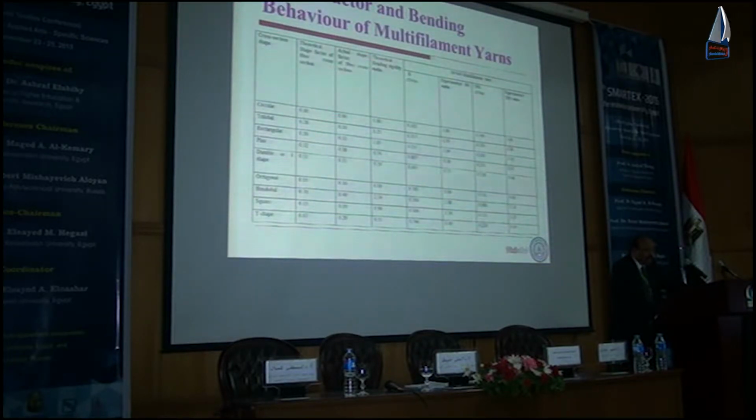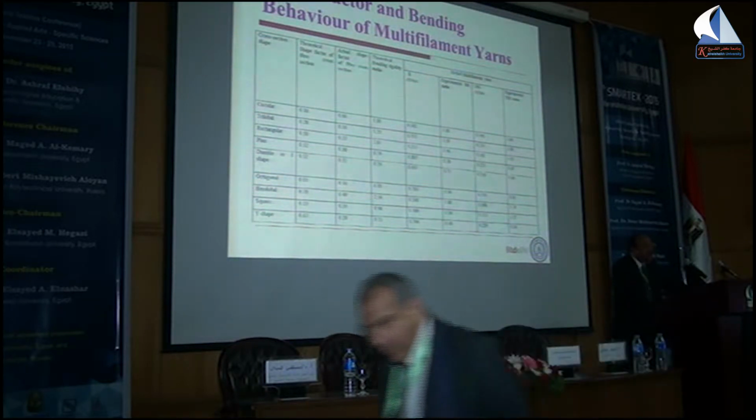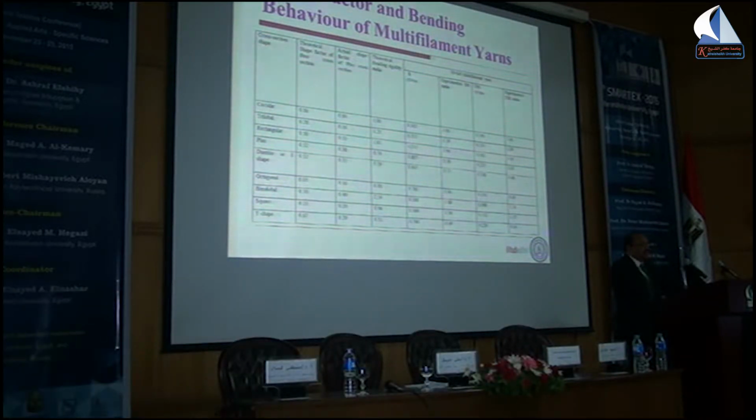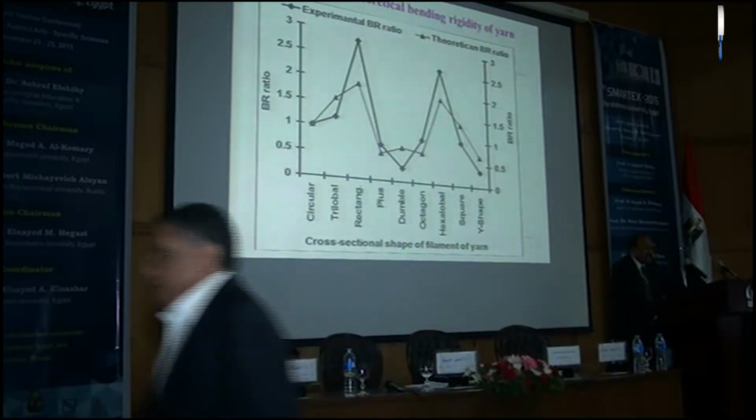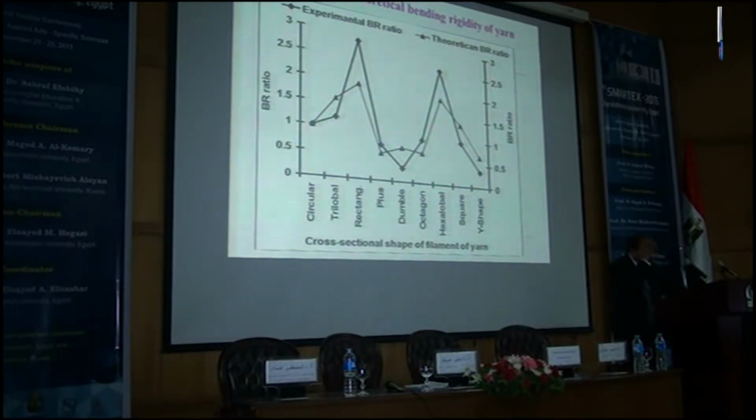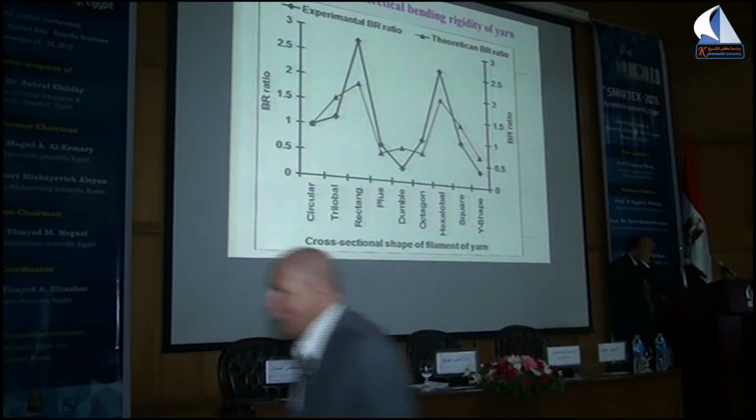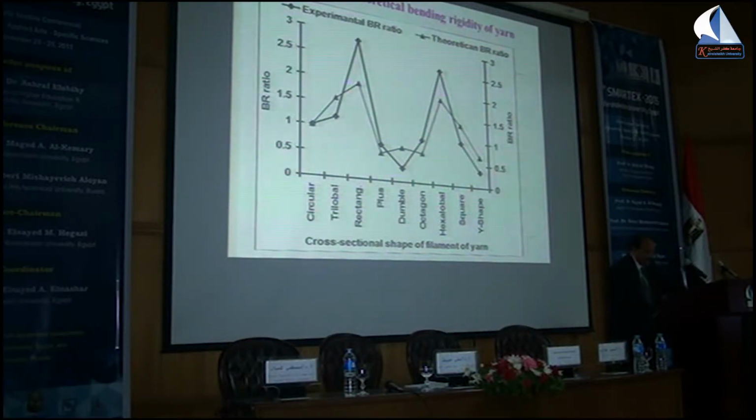Then we calculate the relationship of this bending rigidity ratio with the hand value of the fabric in terms of rigidity. The reason being, rigidity is a major contributor to the fabric hand. As I said, bending rigidity is responsible to the extent of 35% of the hand value.